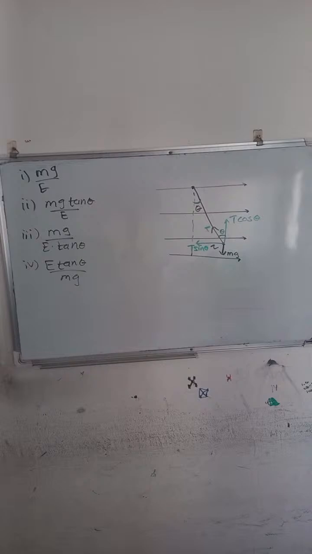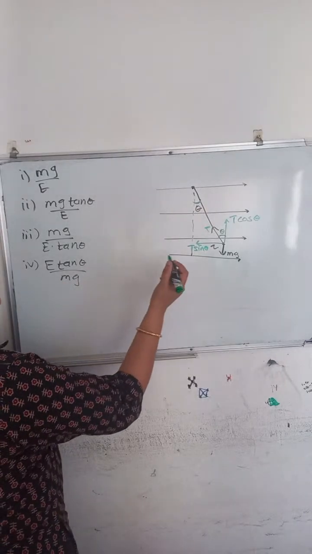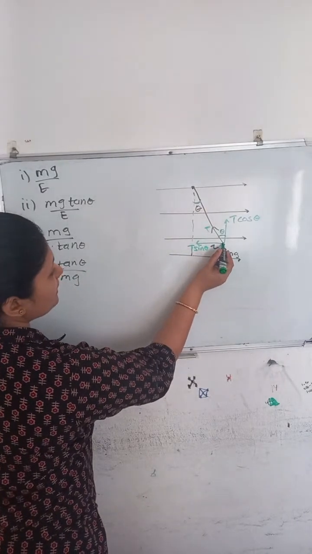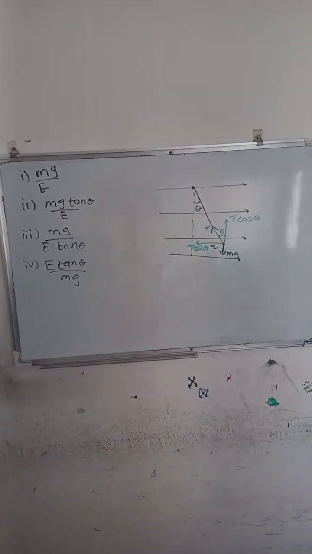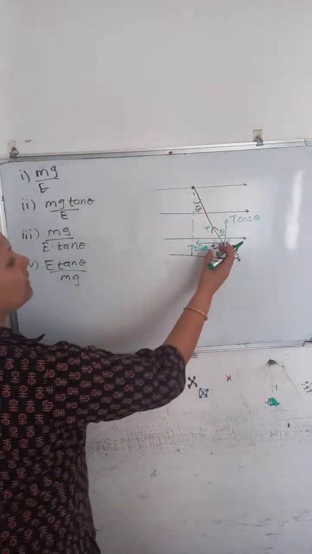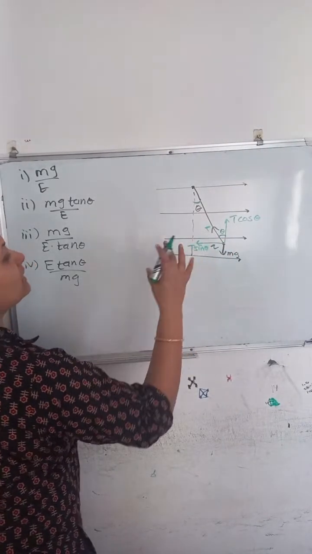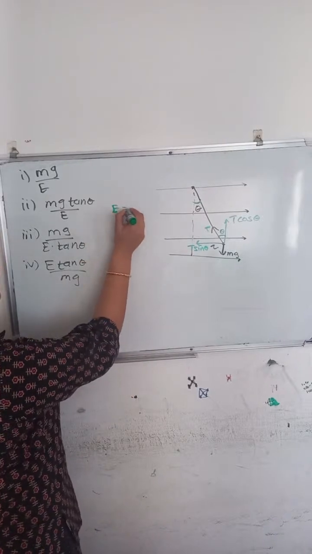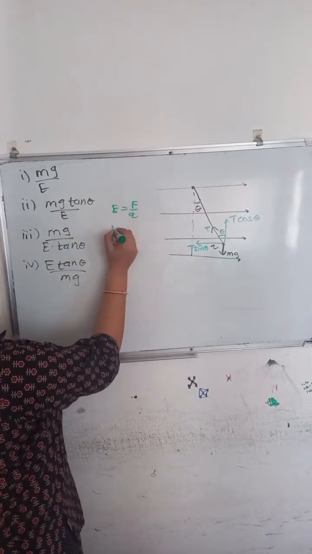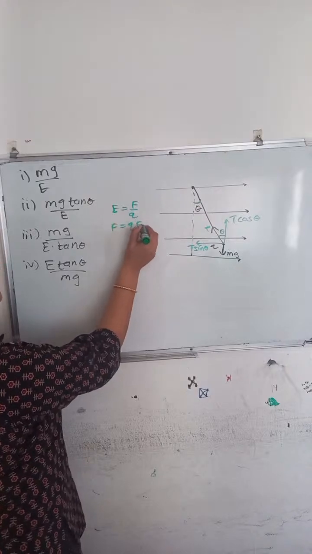Now this T sin theta is responsible for the charge movement, that is nothing but force. The charge is moving here and there, that means there is a force acting on it. So we know that E is equal to F by Q, and F is equal to Q into E.